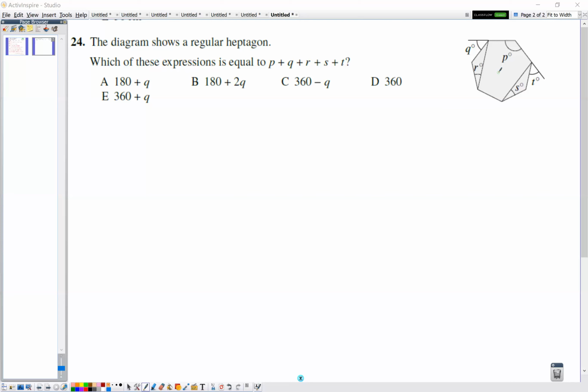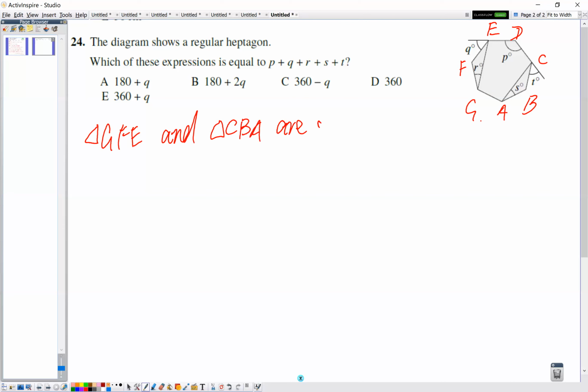Let me label this one here. This is A, B, C, D, E, F, G. The 2 triangles, triangle GFE and triangle CBA, are symmetrical, so they are congruent to each other.